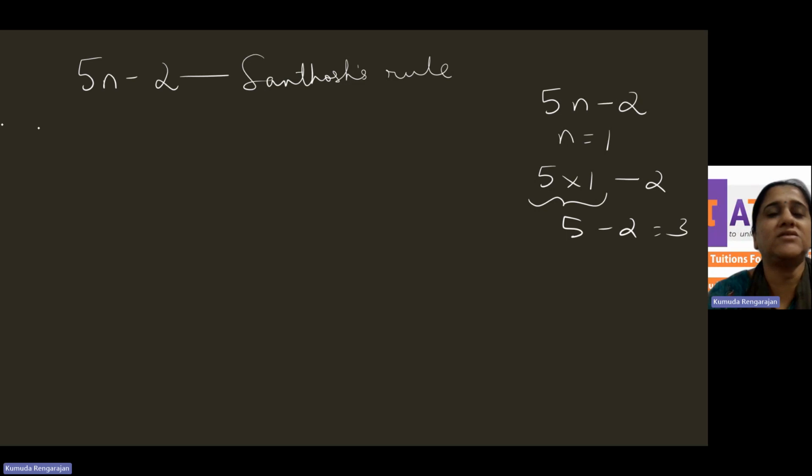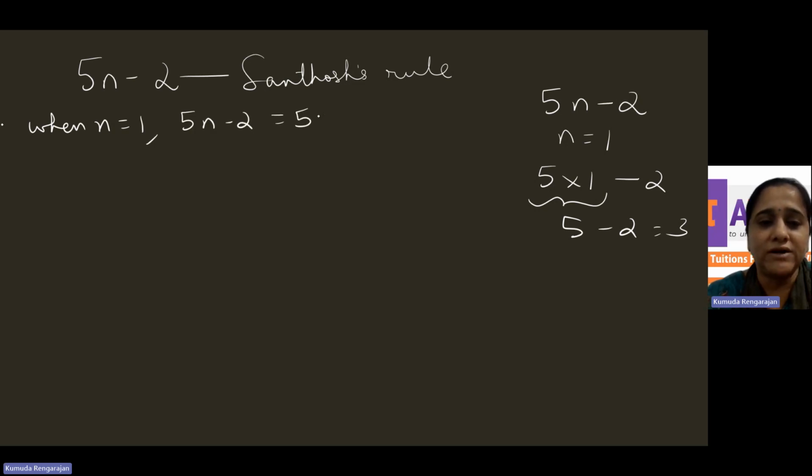Listen to me. When n is equal to 1, 5n minus 2 will be 5 into 1 minus 2, which is 5 minus 2, which is 3, correct?